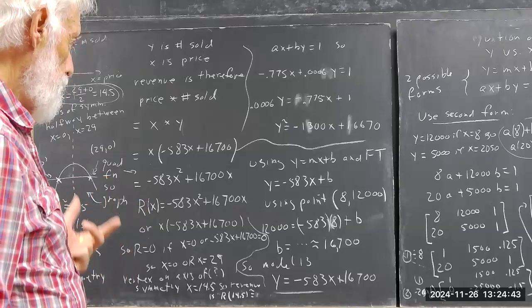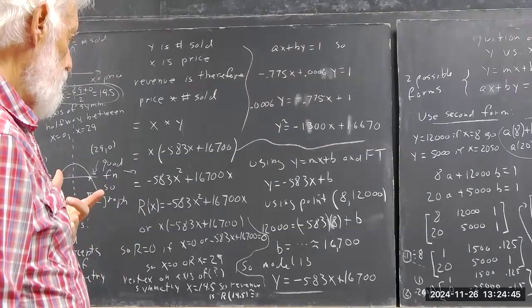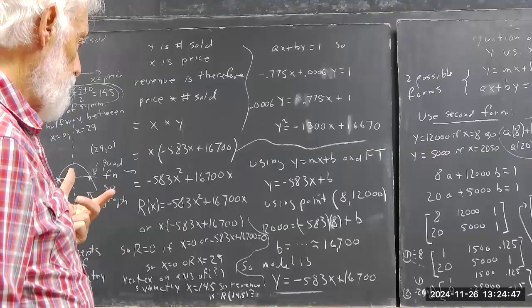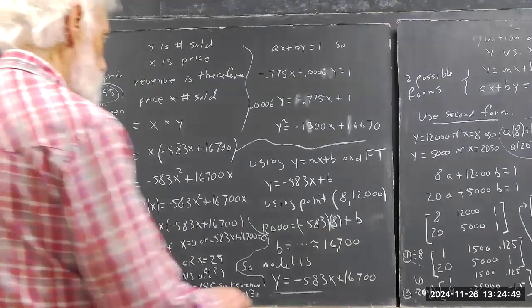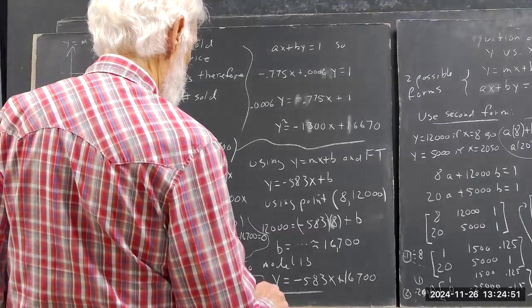There you get 200. So that's 100,000. You get about 130,000.